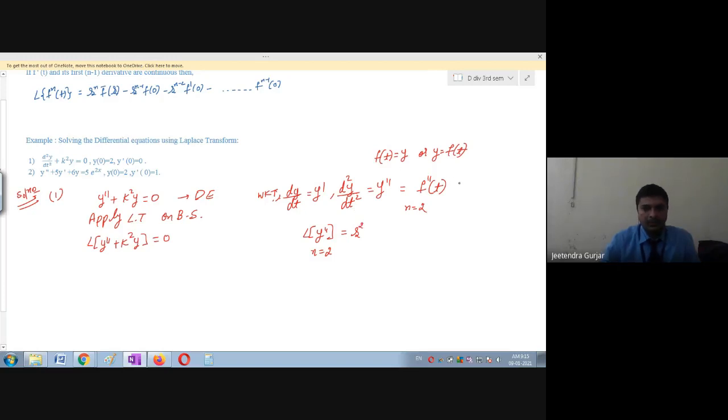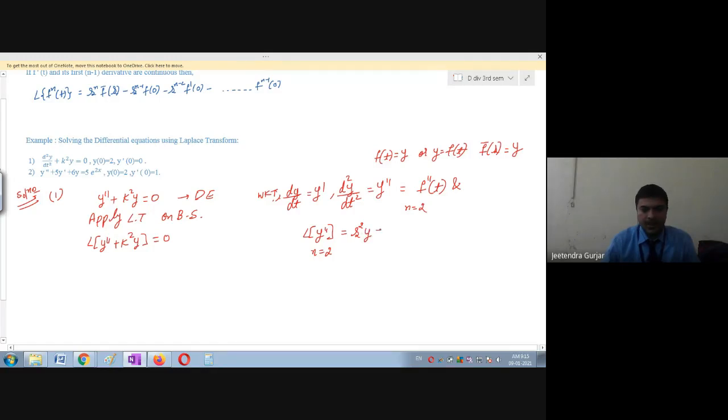Also, because this is in terms of y that they have given, f dash of s, I can take this as y. So I can write this as f dash of s, I'm going to write this as y. So this is s square y.